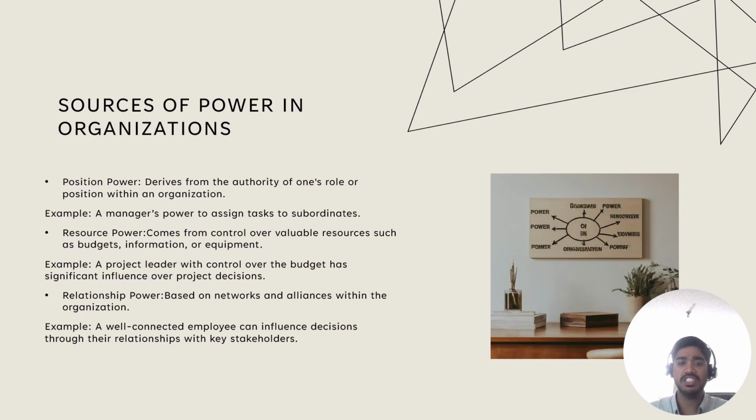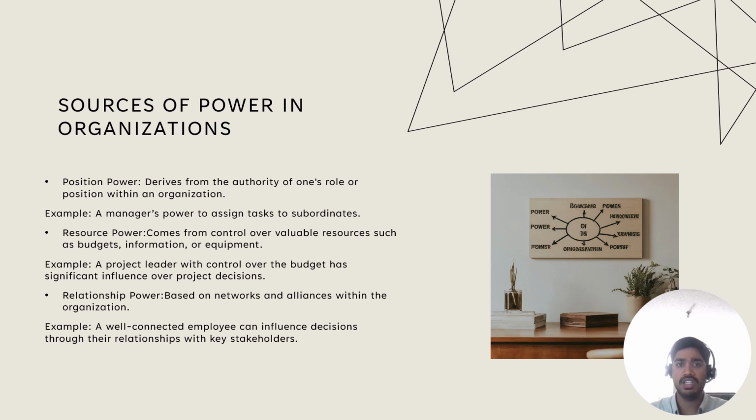There are different sources of power in an organization. Position power is rooted in the authority given by one's position within an organizational hierarchy. It is what allows managers and executives to direct and delegate work, make decisions, and enforce rules.